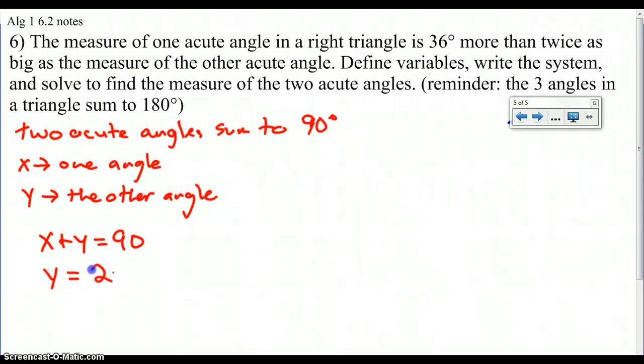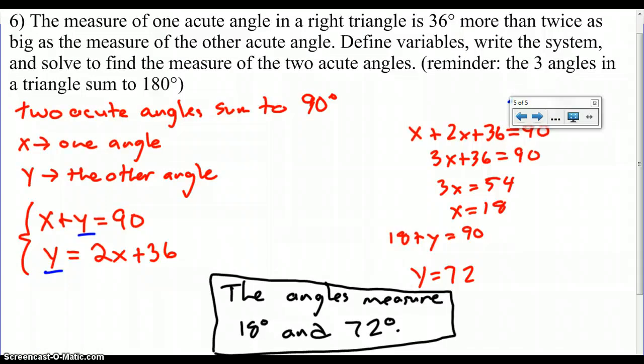And if it's twice as big as angle x plus 36, my system would look like this. Pause the video, solve the system on your own, and see what you come up with. Okay, you guys can see the work I've done. I substituted in a y value, used that to solve for x, and then substituted back to solve for y. That gave me the two angle measures of 18 degrees and 72 degrees.